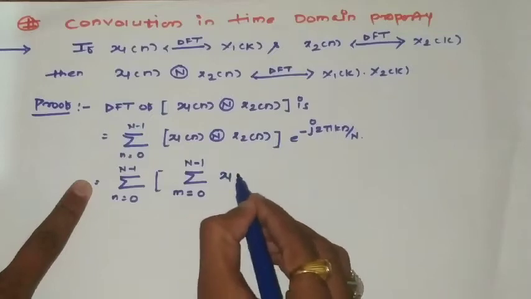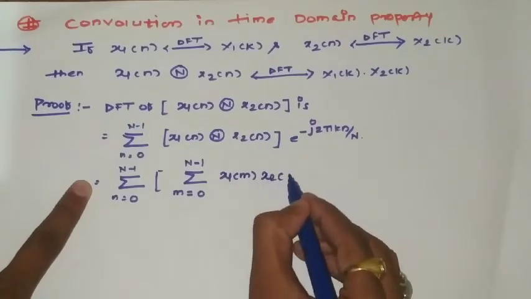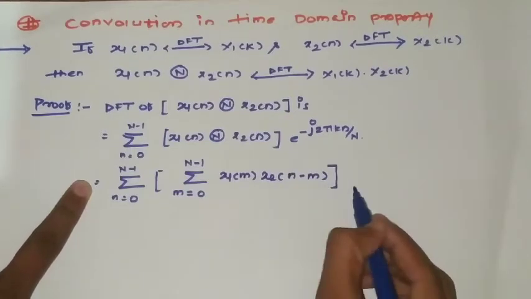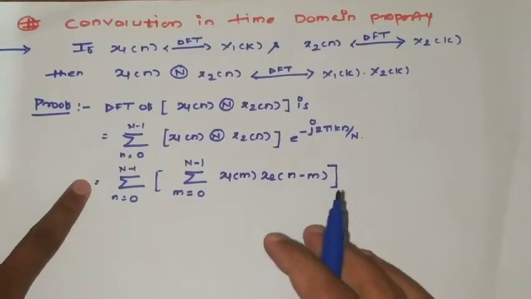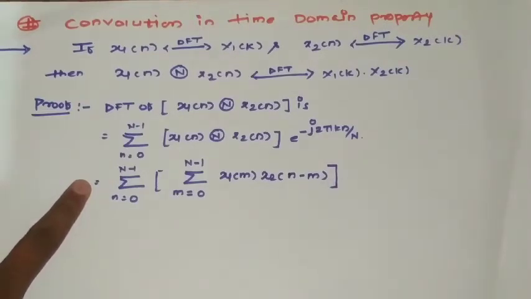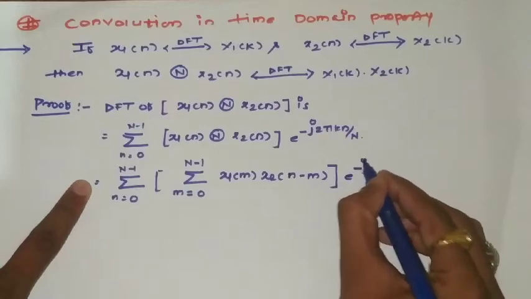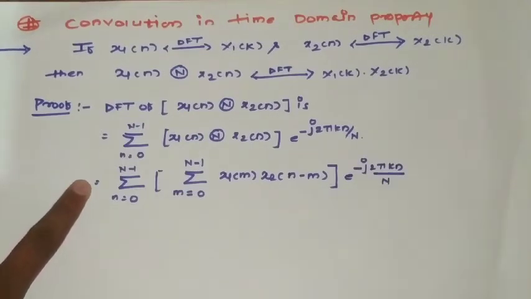Now the first sequence will remain as it is, x1 of m, and the second sequence will be shifted by m units, so that will be x2 of n minus m. You can go and check out the videos already described in signals and systems for how this formula comes about. The exponential term we will keep as it is, e raised to minus j 2 pi kn divided by N.